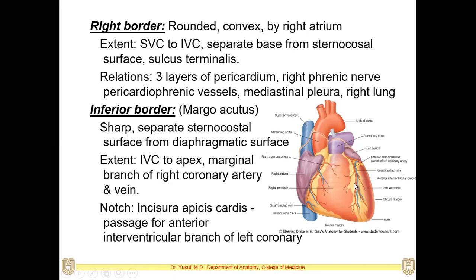This is the anterior interventricular branch coming from the left coronary artery. Here is the right coronary artery, and this is the left coronary artery. It divides into the circumflex as well as the anterior interventricular branch, which goes into this notch. This is the incisura apicis cardis.